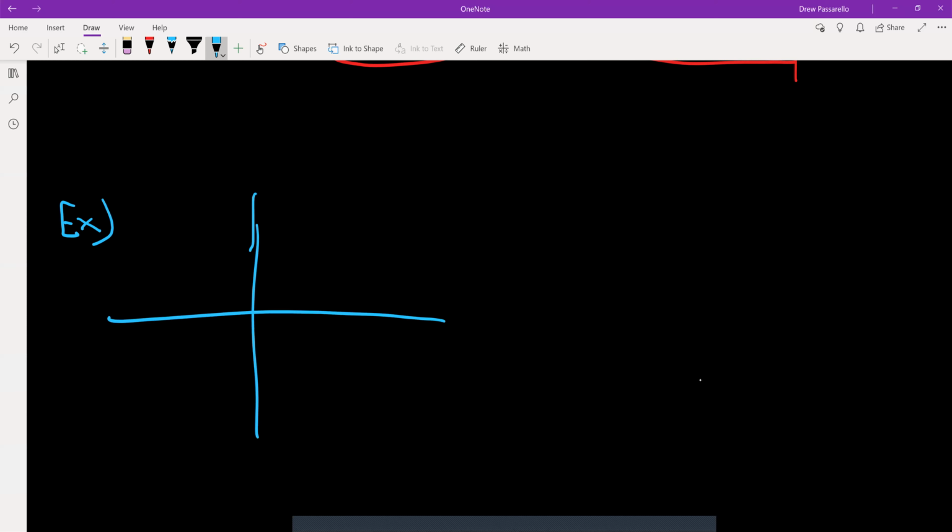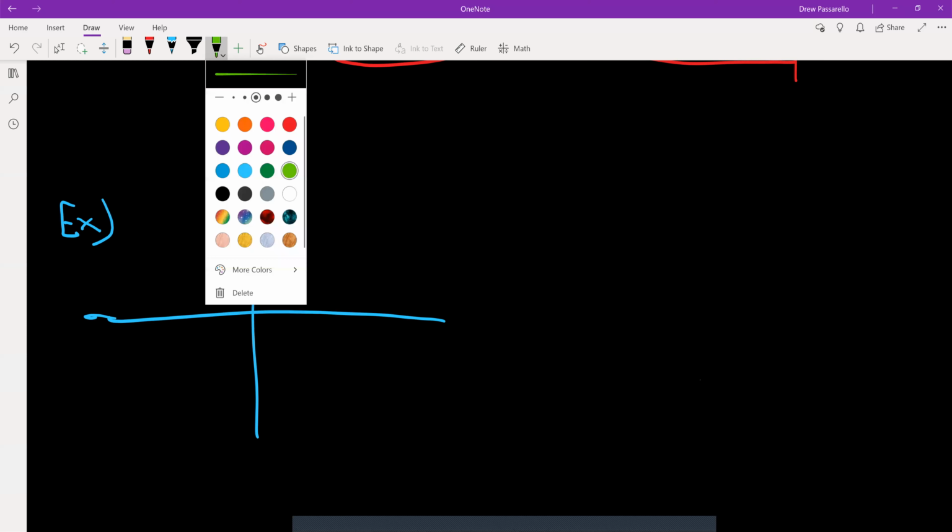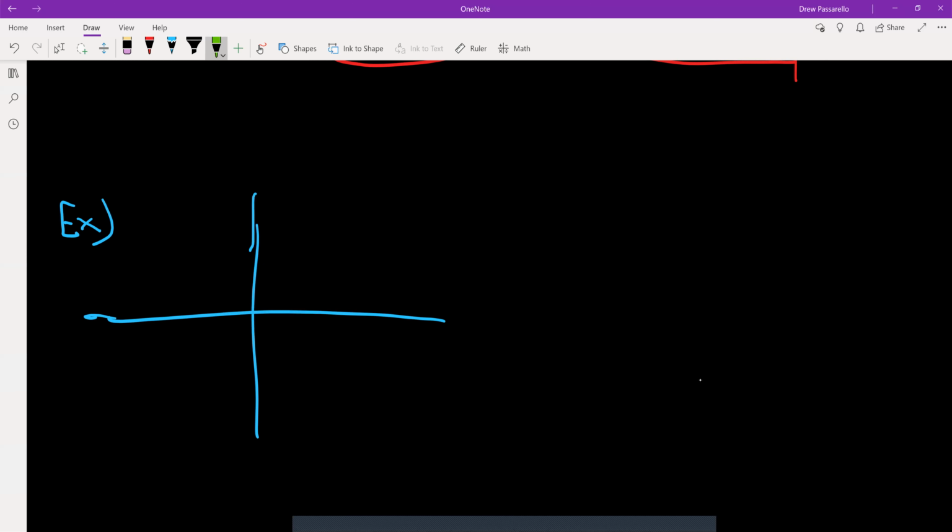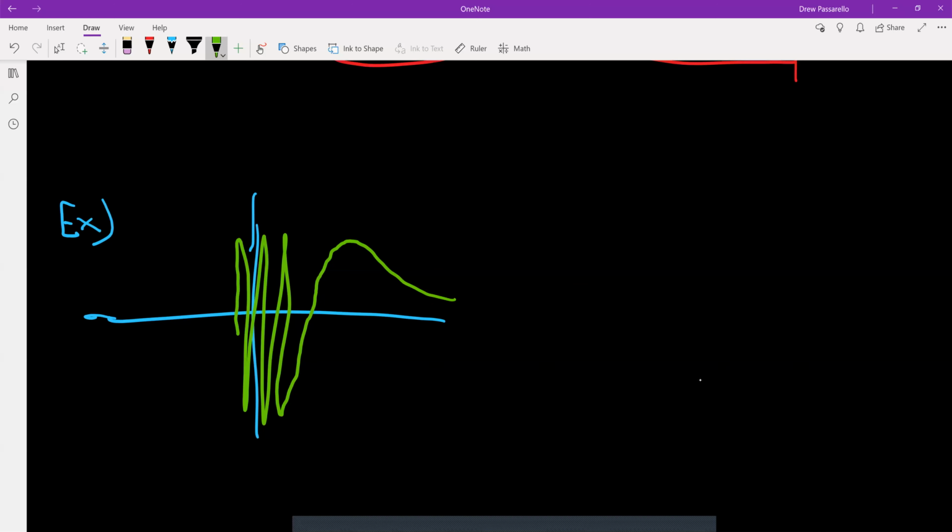All right, so these are my axes, and I'll use green again for the graph. And let's say it does something like this, and then as I get closer and closer to 0, it does this oscillation pattern, and then levels off like that.